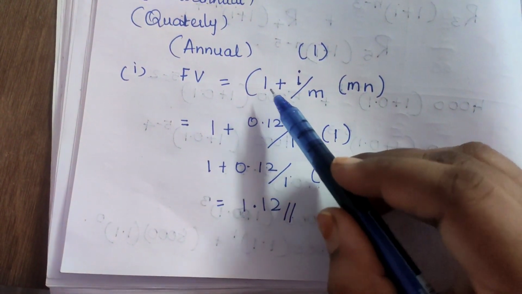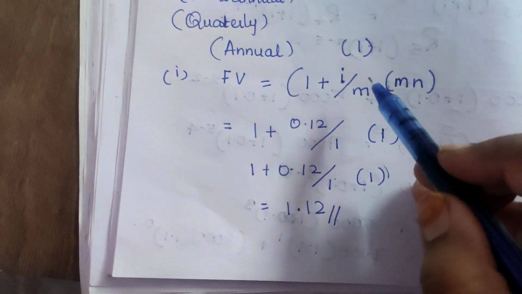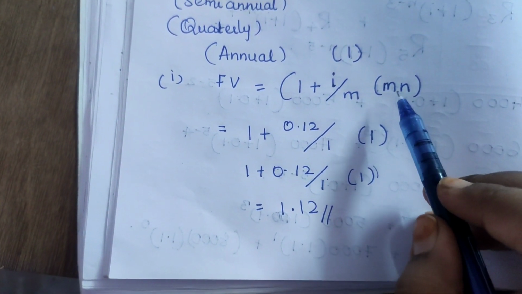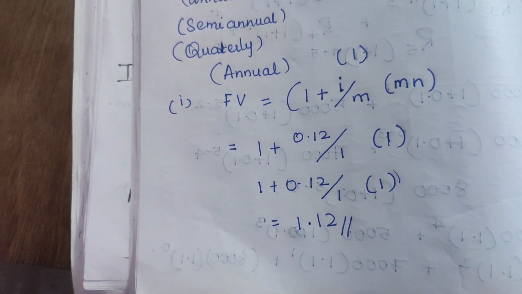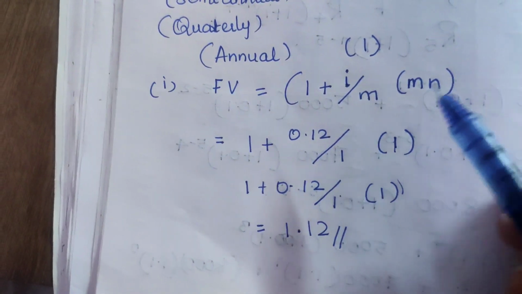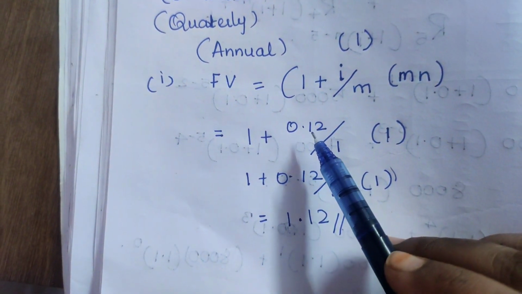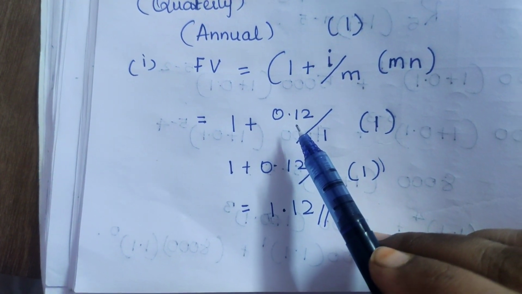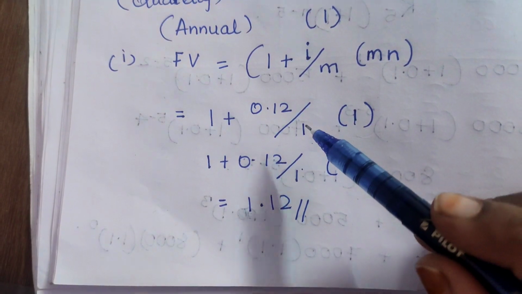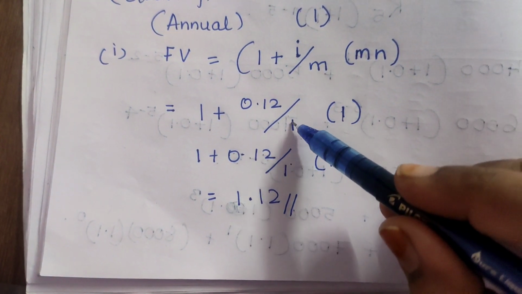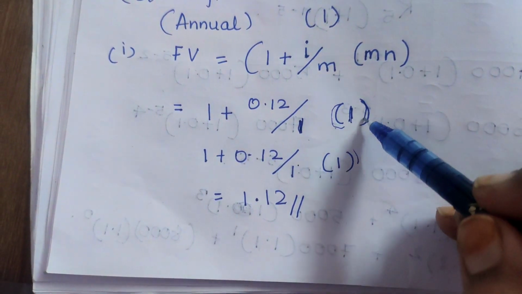The formula is 1 plus interest rate divided by m, raised to mn, where m means the number of repetitions. Once in a year means only one payment here. 1 plus the percentage, 12%, which we write in decimal form as 0.12, divided by 1 because we pay only one time, and in 1 year.